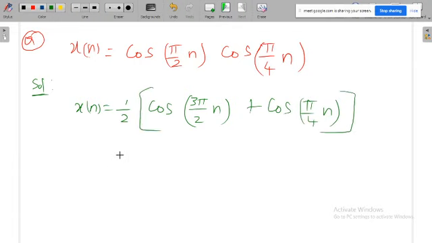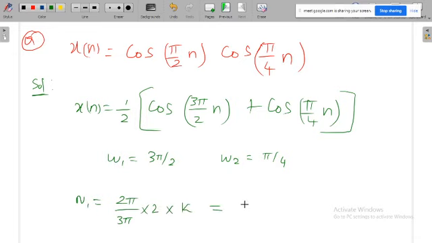Now again we can calculate the individual periods. Omega 1 is equal to 3 pi by 2, omega 2 is equal to pi by 4. n1 is equal to 2 pi by omega 1, which is 3 pi by 2, multiplied with k, so 4 by 3. Finally n1 is equal to 4.